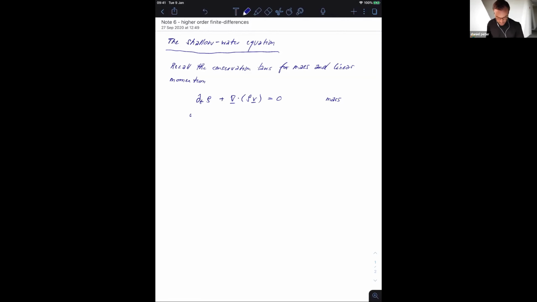And now let's look at linear momentum. So let's use the material derivative, d/dt of the velocity, minus the divergence of the stress is equal to the body forces. That's linear momentum.